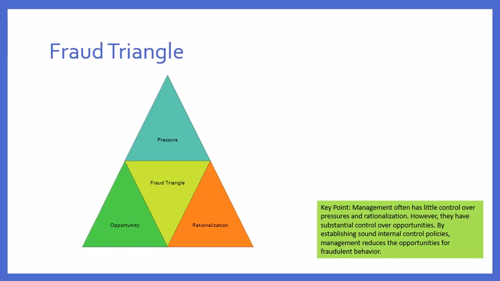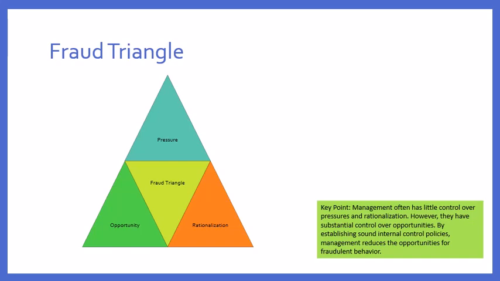Now, this can come from inside or outside the organization, okay? For example, a manager may feel pressure from their manager to report higher sales figures. So they might commit financial reporting fraud by inflating the sales revenue numbers, because maybe they fear that they're going to lose their job if they don't report higher revenue numbers.